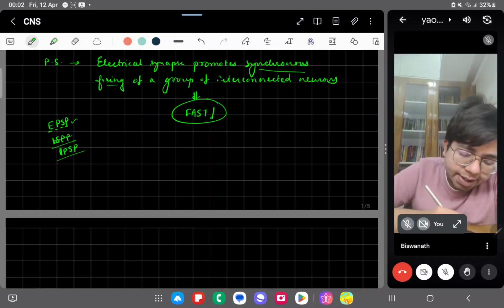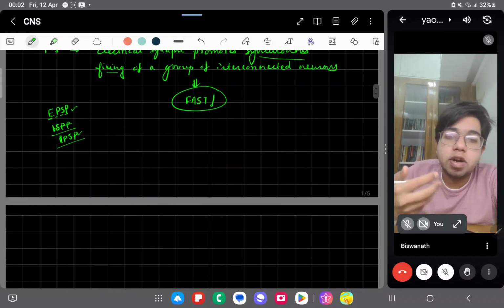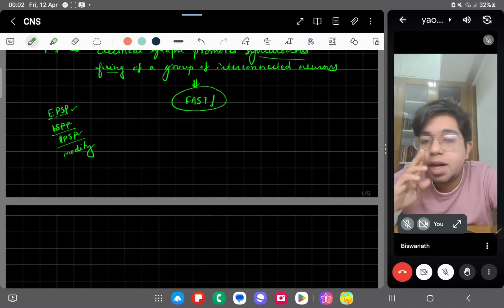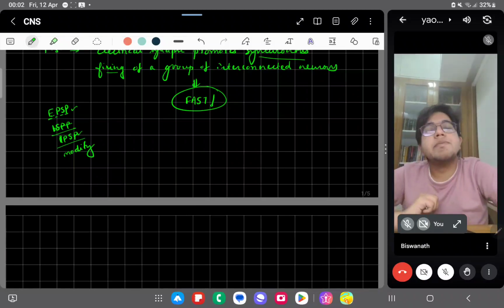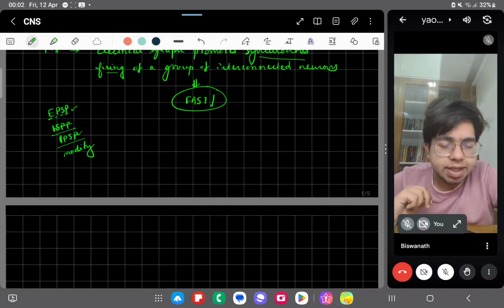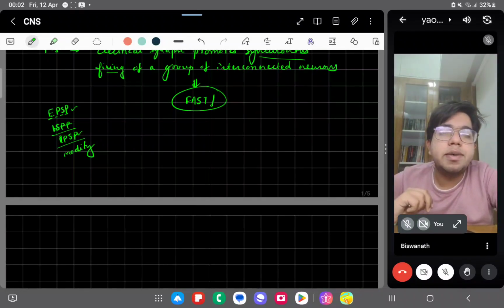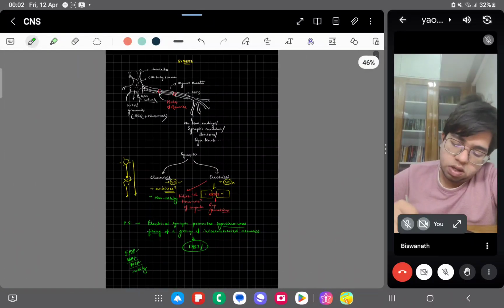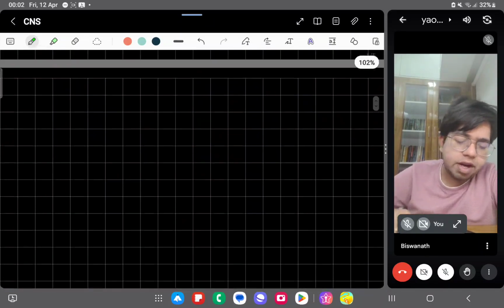Or it can modify the potential of the postsynaptic membrane, right? These are the basic things you must know, which you must have read in nerve muscle physiology.